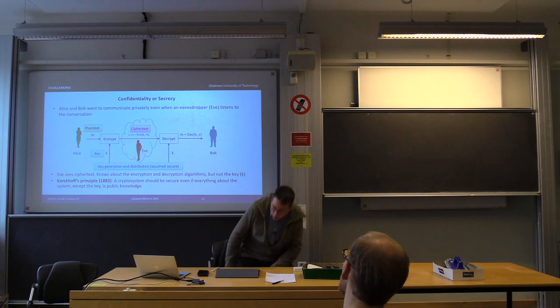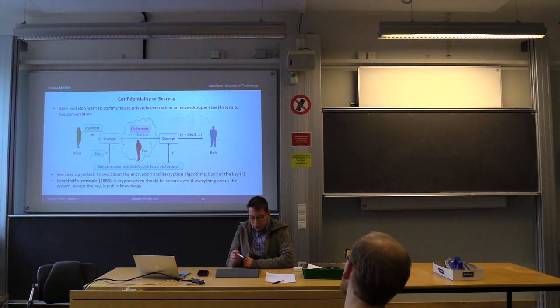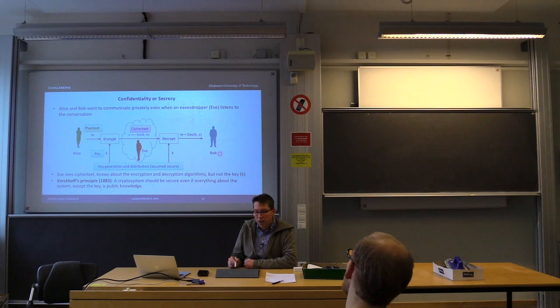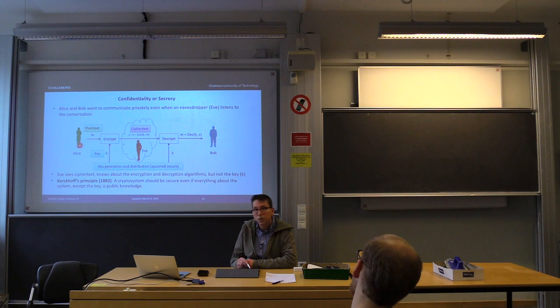So what we want is that we have two persons, computers or whatever, Alice and Bob, and they would like to communicate over a network where everyone can listen to what's going on. And we still want to make sure that Eve, the eavesdropper in the network here, is unable to figure out the message from Alice. Okay.